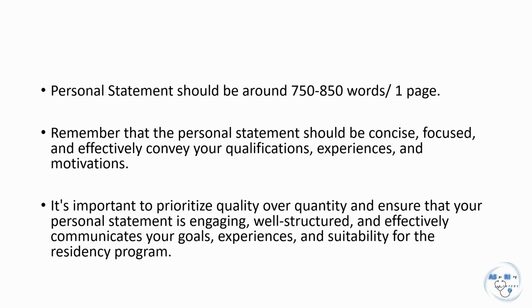But that shouldn't be put in a box where you must condense everything into a single page. If you have something important that's not redundant with your ERAS CV, you can add a few words, but you shouldn't make it too short, because you shouldn't give the impression that you didn't dedicate your time to writing it. Nor should you make it longer than 1.5 pages, or even longer than a page.